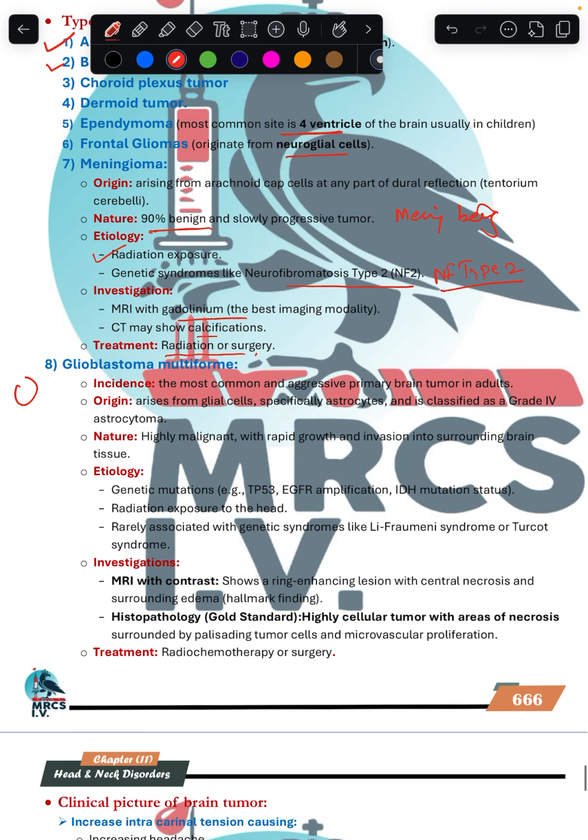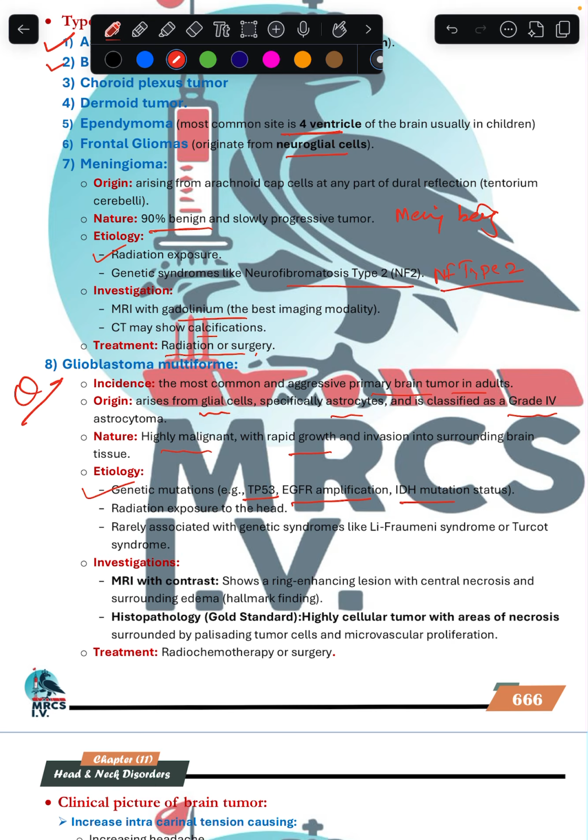This is again a question about glioblastoma multiforme, the most common and aggressive primary tumor of adults. Most commonly it arises from the glial cells, supporting cells, astrocytes, classified as grade 4 astrocytoma. It is highly malignant, rapidly growing, and invades surrounding brain tissue. Etiology, gene mutations: TP53, EGFR amplification, IDH mutation.